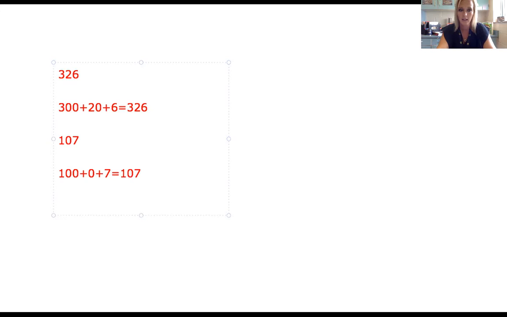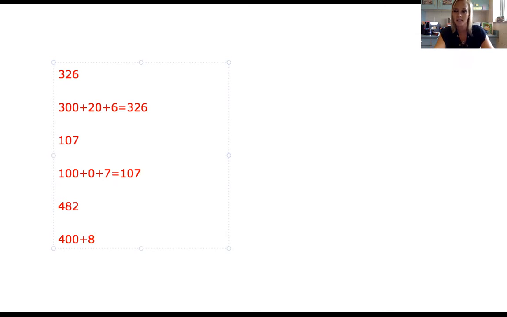Let's try another. Let's do 482. All right, here we go. Start with my biggest place value. Ones, tens, hundreds. But that 4 represents 400, not just 4. I add my plus symbol. I go to my next place value. Ones, tens.